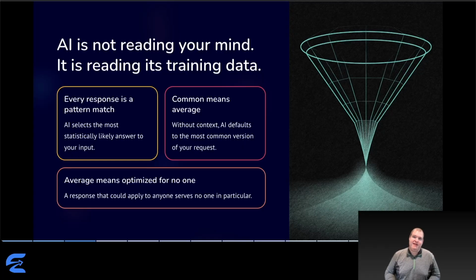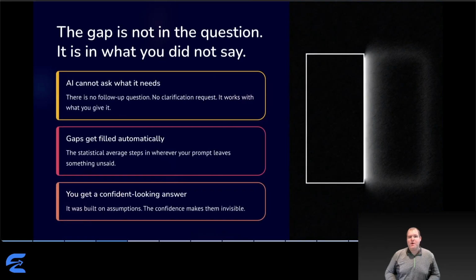That's the whole mechanism. What makes this tricky is that AI won't tell you something is missing. There's no follow-up, there's no clarification request, there's no flag that says the prompt left out something important. The model works with what you gave it, and it fills every gap automatically, using the statistical average as a substitute.